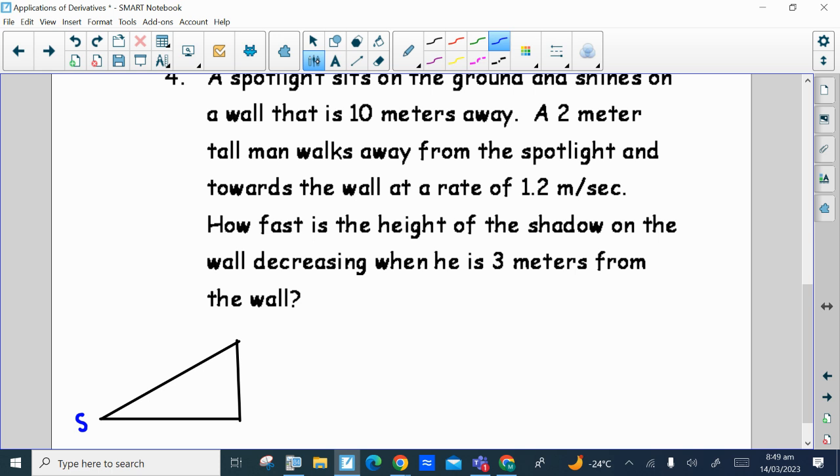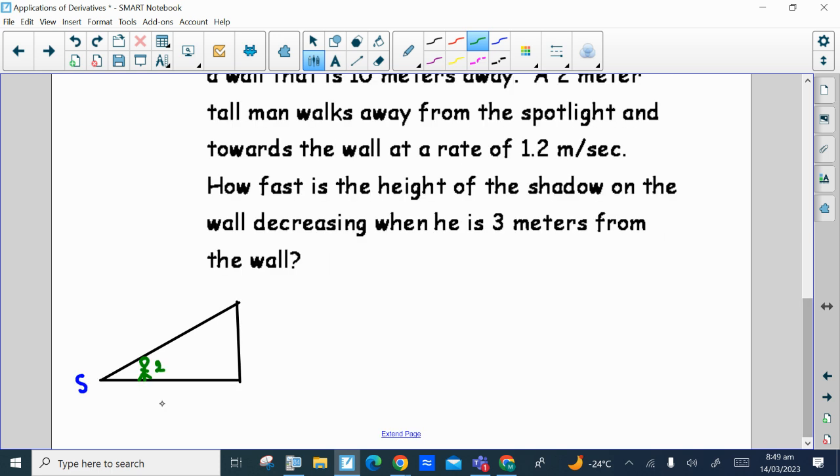The man is 2 meters high. There's our man, and he is 2 meters high. He walks from the spotlight toward the wall at a speed of 1.2 meters per second.